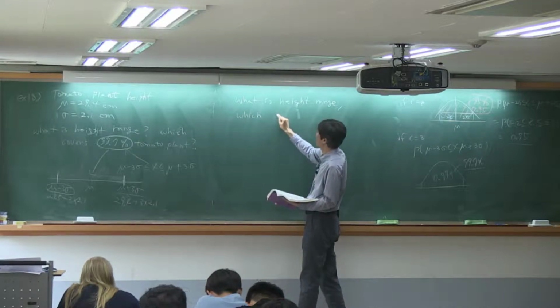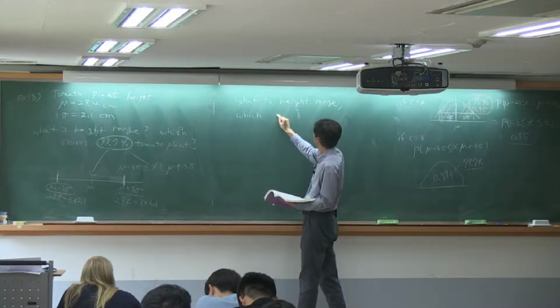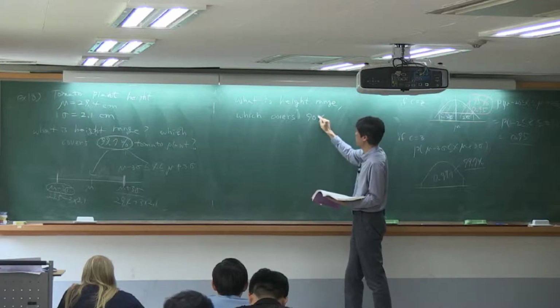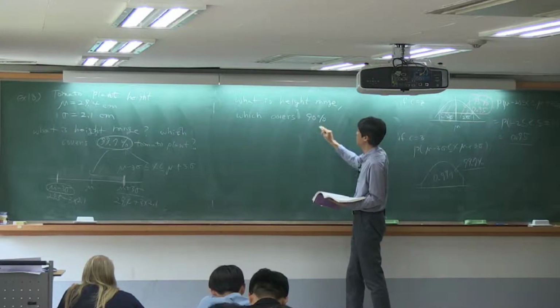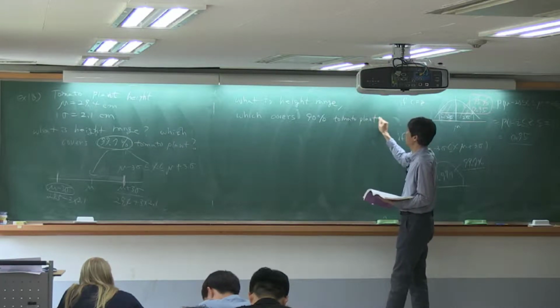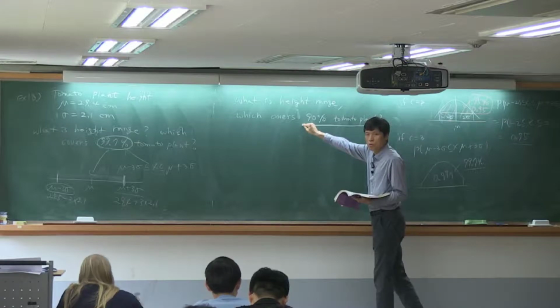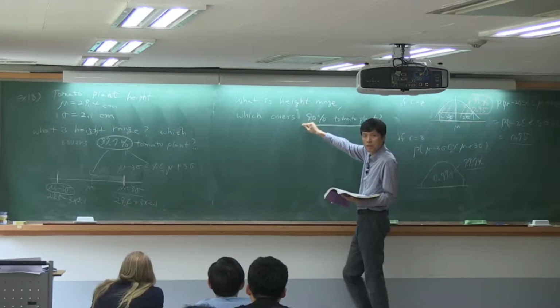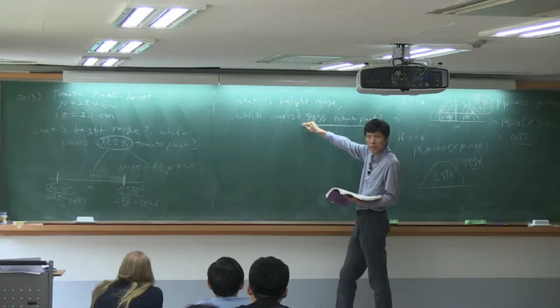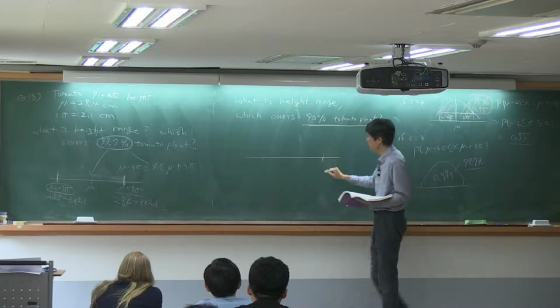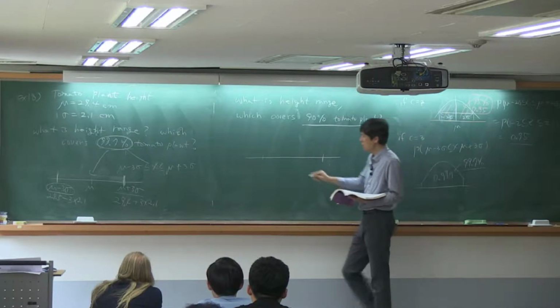Which covers, let's try 90%. 90% of tomato plants, in probabilistic terms, will be between here and here. 90%.